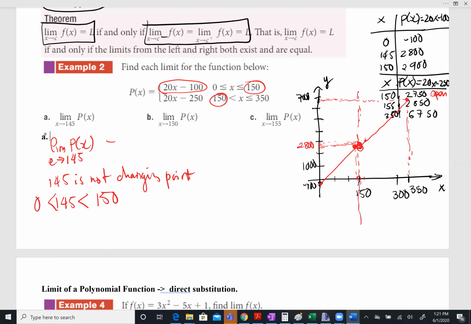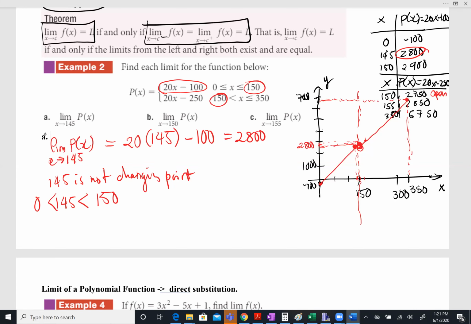So I'm going to just substitute into the first part of the function. It'll be 20 times 145 minus 100, and that's going to be equal to 2,800.